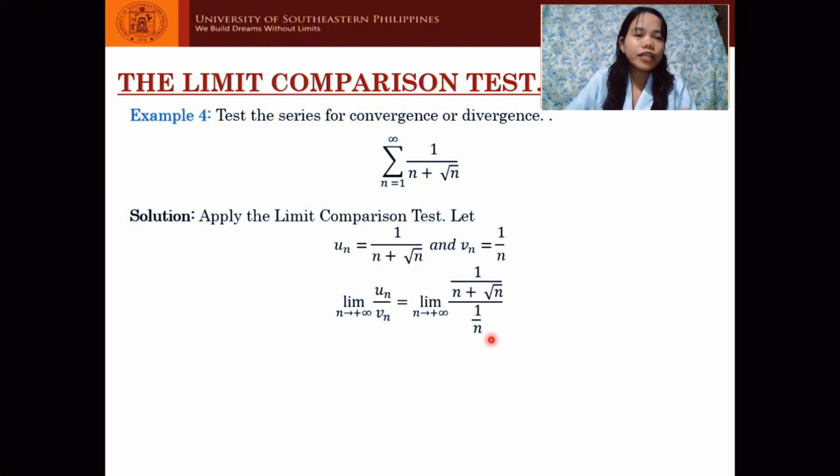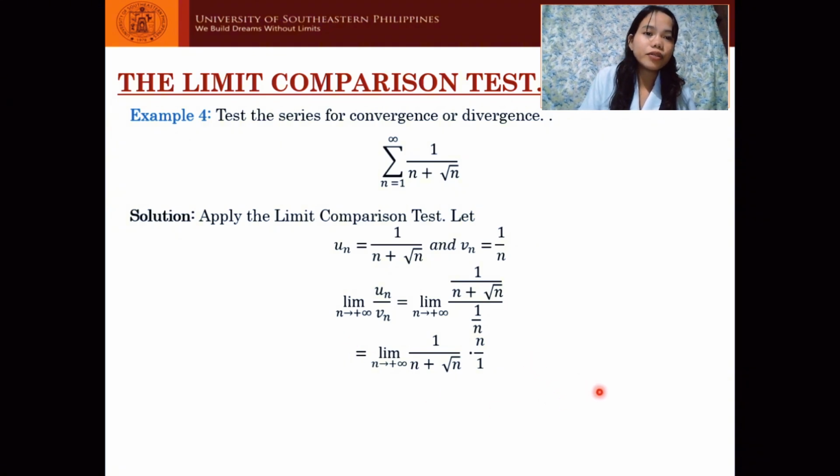Right after that, we have to simplify this, or divide, but to easily divide, we have to multiply the numerator by the reciprocal of the denominator, which is n over 1.